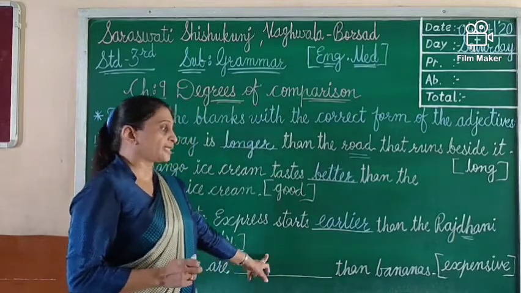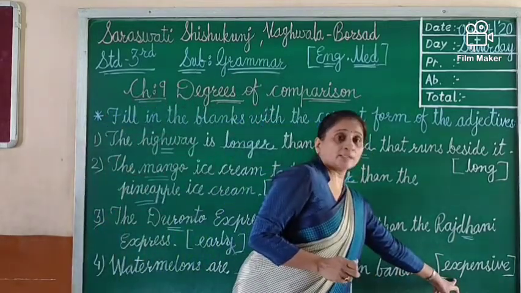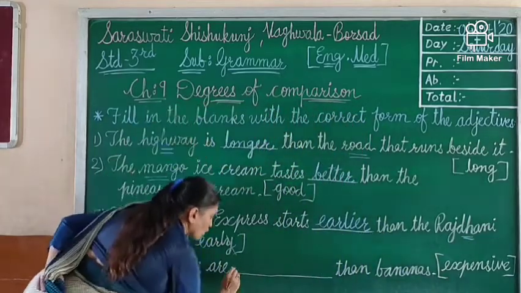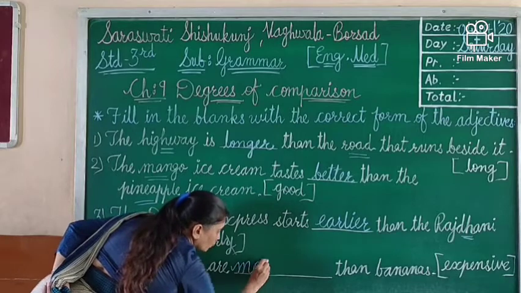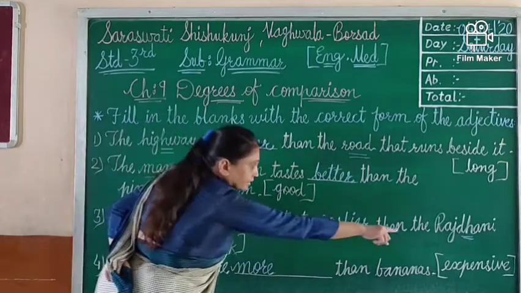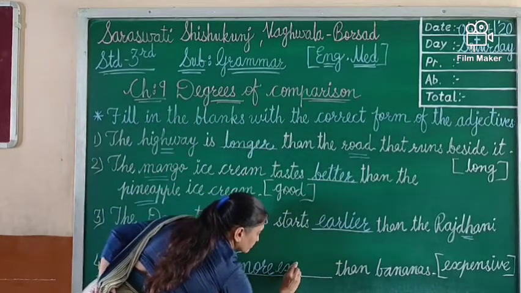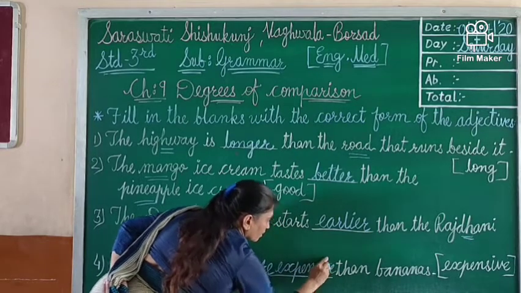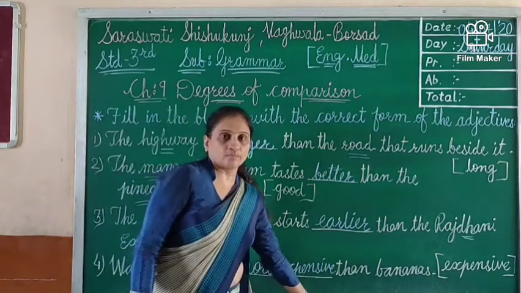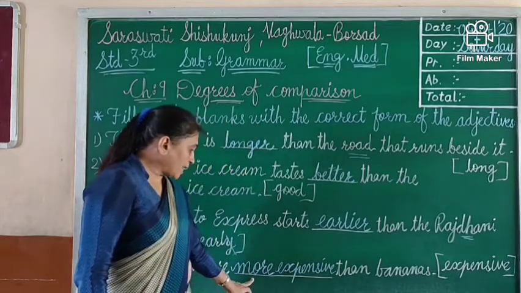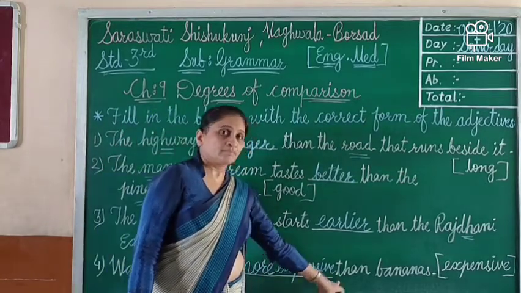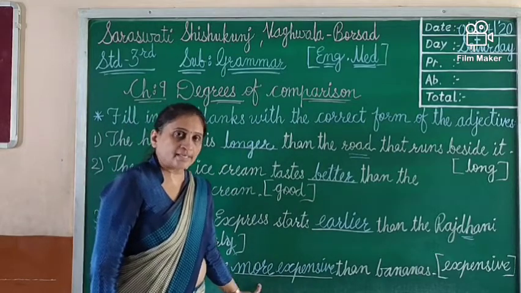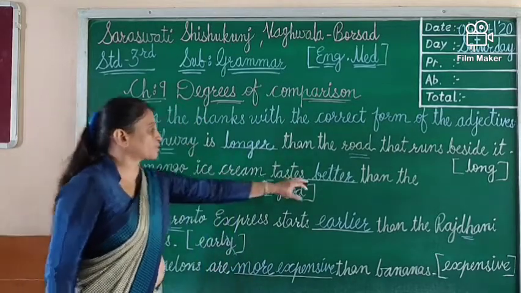So here you can't write expensive-er. You have to write first of all more, and then expensive. More expensive. Okay, so here I did not add ER, but I added more before the adjective. Clear?